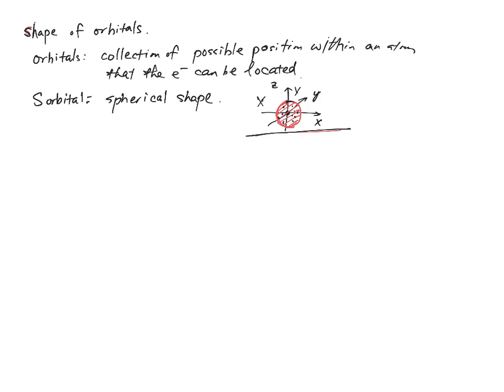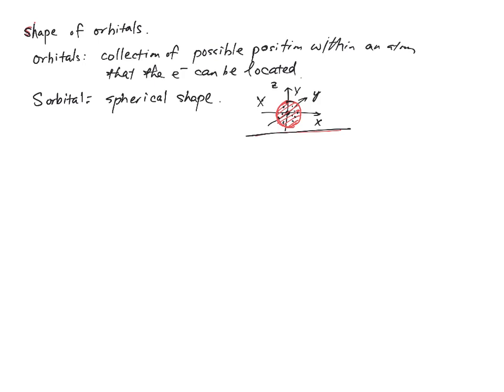As for where in the ball your electrons could show up, we don't know, and we can't really say it's going to be at this particular position. We have no idea. Electrons are too small and too fast. But we know that if it's in the s orbital, it's in this ball-shaped space.